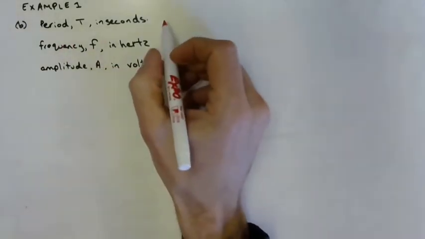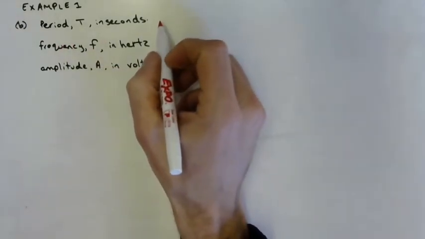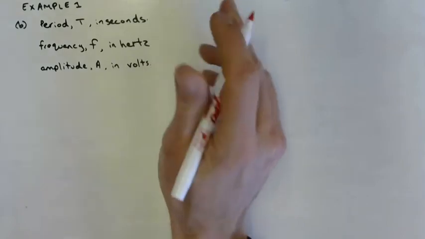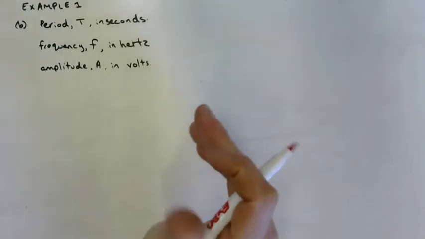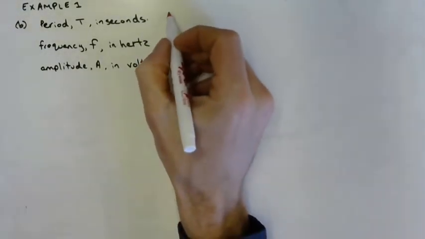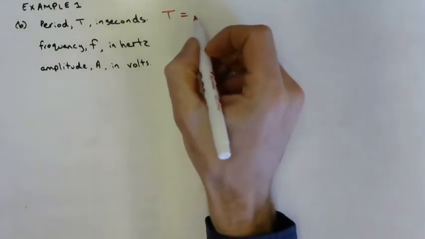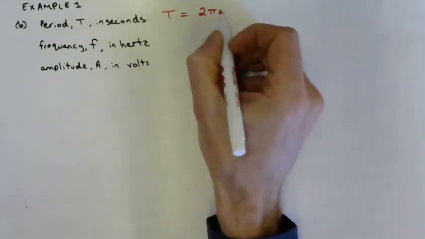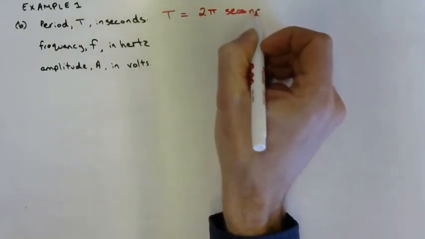So kind of understanding what some of those things are. Again, we said we already did the period T in seconds. The period was 2 pi seconds because we didn't have a horizontal stretch or compression on the sine function. So we have period length T equals 2 pi seconds.